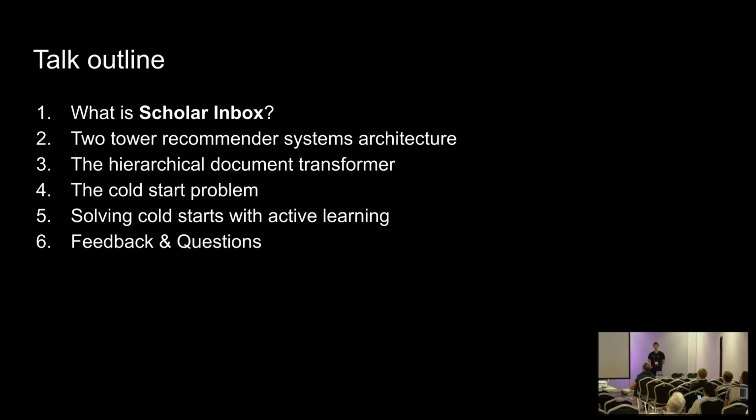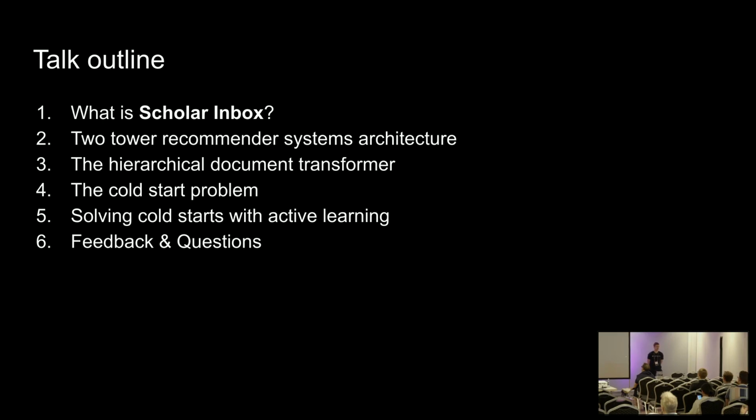So the outline for this talk today is, first I will tell you what this Scholar Inbox project is about, what problems we solve and how it works. Then I will give an introduction to two-tower recommender systems architectures. So this is the state of the art of how recommenders work nowadays.